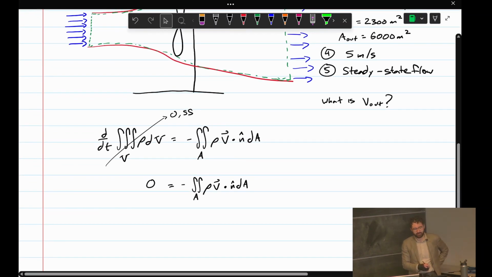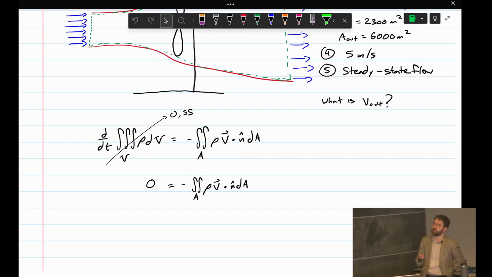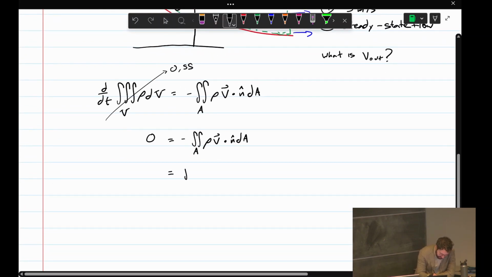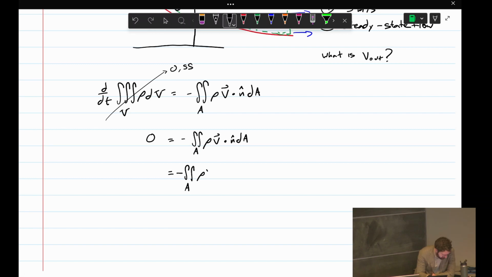Since we can break up an area integral over something like this into a set of different area integrals, it's going to be a sum of something like this. Say we can do the area integral over the inlet.